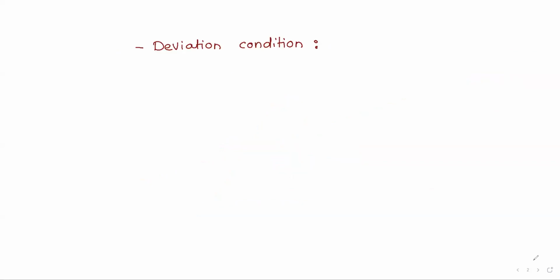So we will find out the deviation condition. In the deviation condition, first we require the quadrilateral AQNR. We know that in a quadrilateral the sum of all angles is 360 degrees. Here I am taking only two angles, that is the angle of prism and angle QNR.